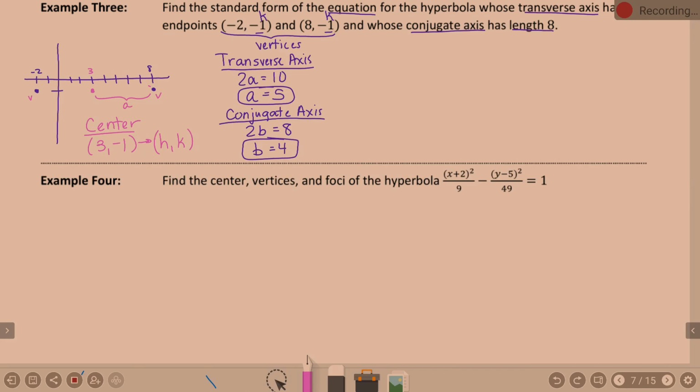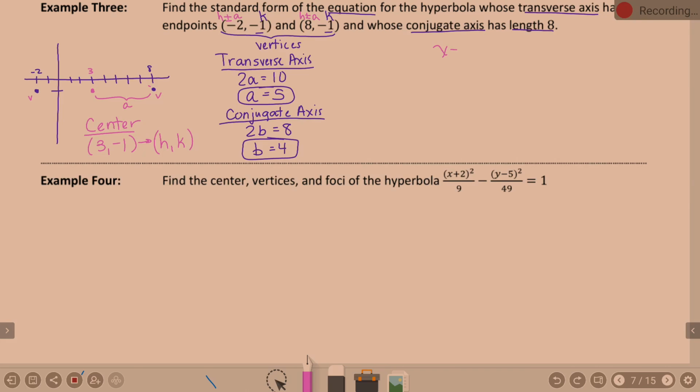A couple of things. My transverse axis is horizontal, right? That's your major axis. When that's horizontal, that means X is going to come first. The fact that these ended up being my K's. If you look in your left column, this is going to be H plus or minus A. So we are working in the left column.